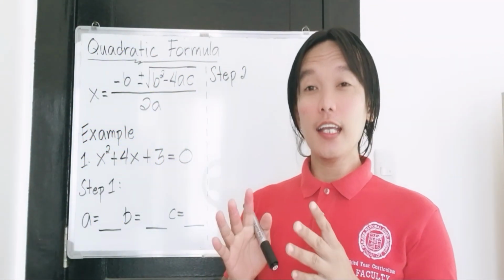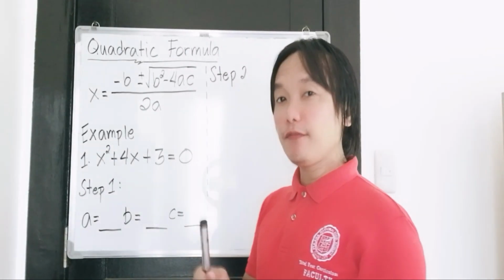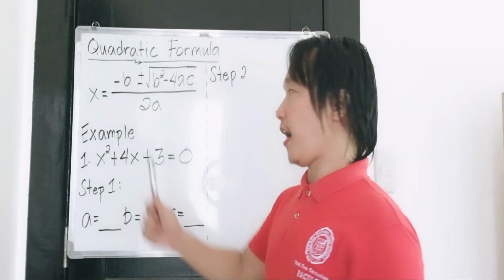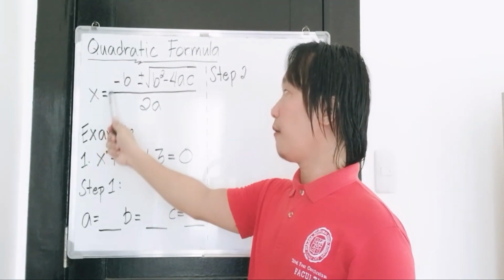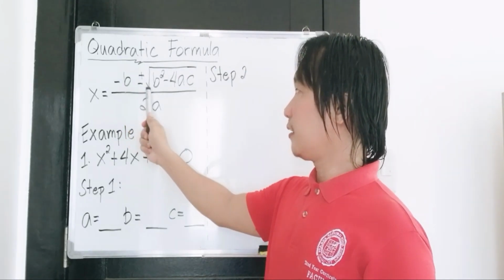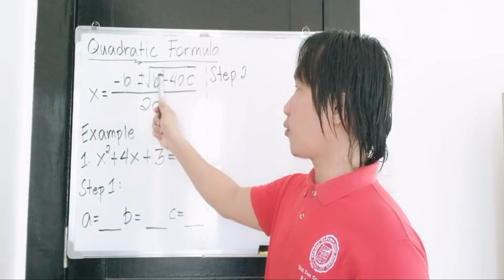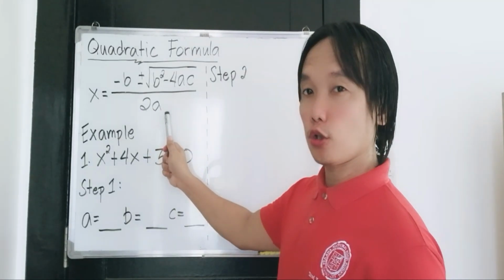So here is our quadratic formula. If our variable is letter x, we will write x equal to negative b plus minus the square root of b squared minus 4ac divided by 2a.